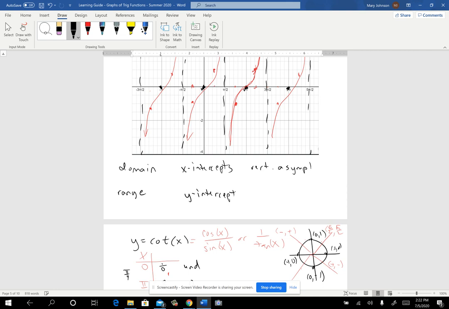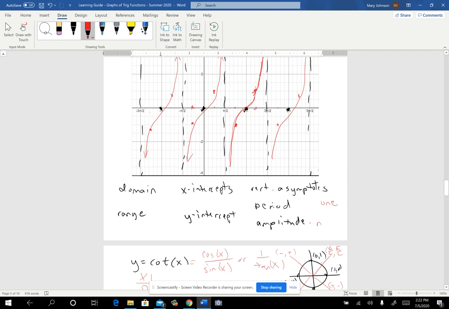And there's a lot of those. Then period. This won't have an amplitude either, so I don't really even need to write it. All right, so for domain, you do have vertical asymptotes, so that means you do have gaps as you look from left to right. It's not a continuous function.